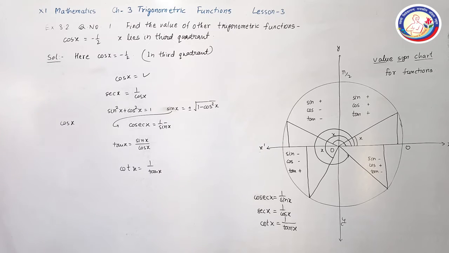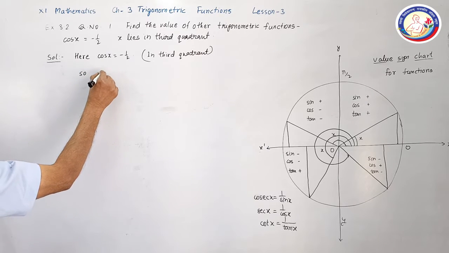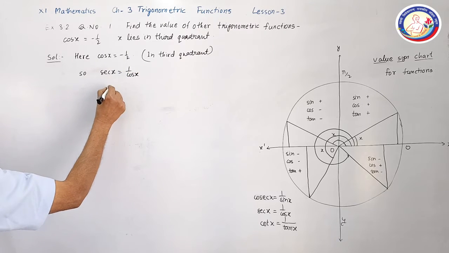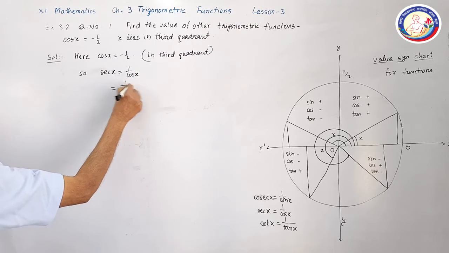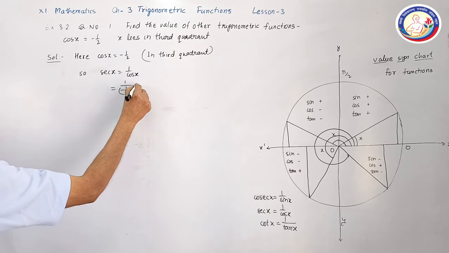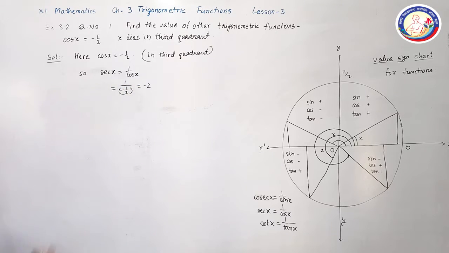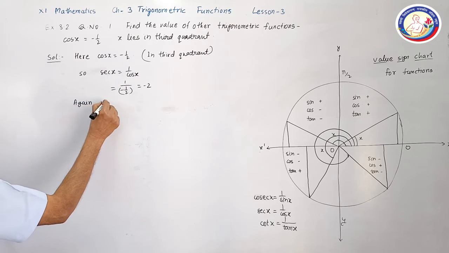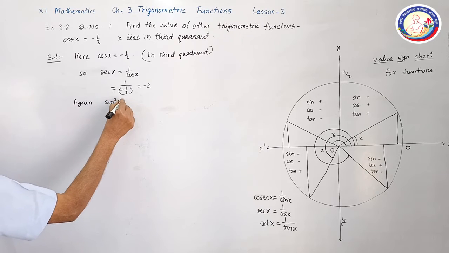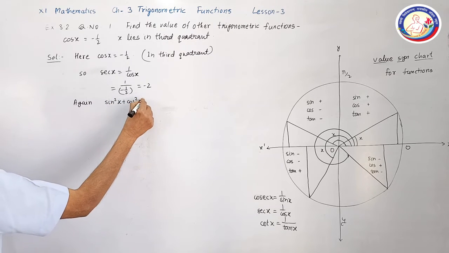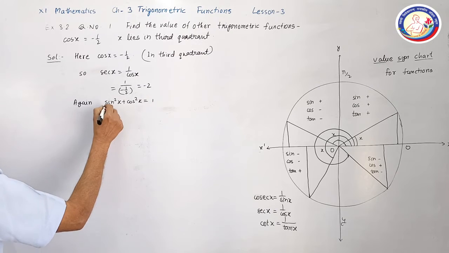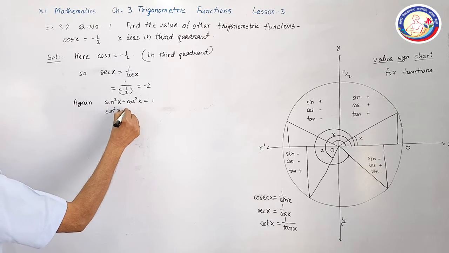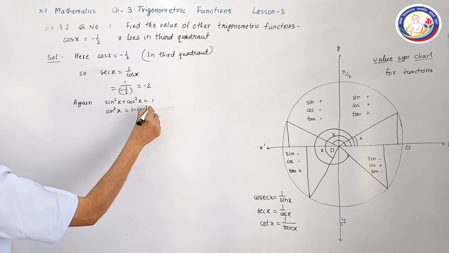Now let us proceed. So sec x will be 1 upon cos x, and it is 1 upon minus 1 by 2, that is minus 2. Again, sin square x plus cos square x equal to 1. So sin square x will be 1 minus cos square x.